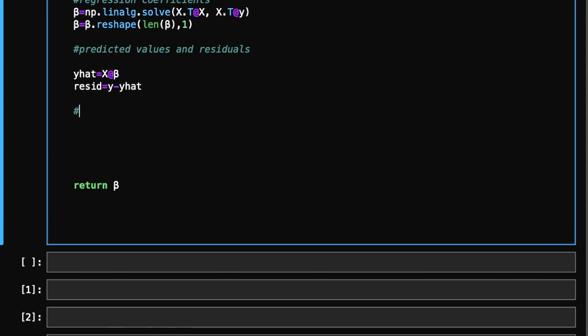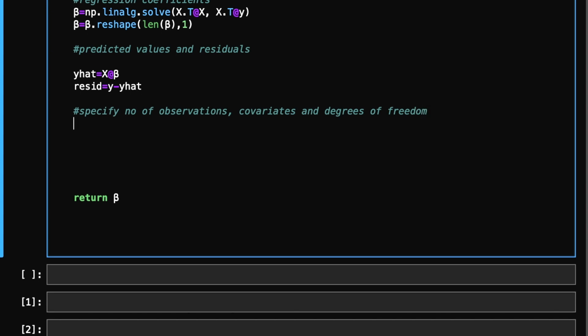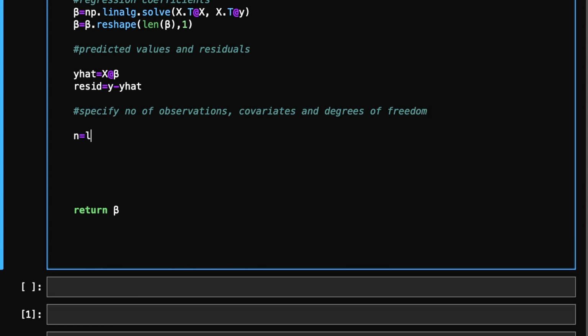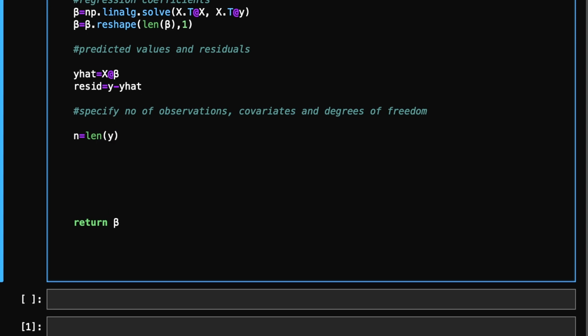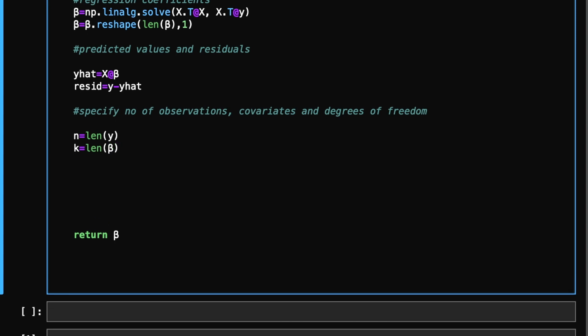Now let's specify the number of observations, covariates, and degrees of freedom. n is the number of observations, so it should be equal to the length of our dependent variable in this case. k is the number of covariates, so it should be equal to length of beta, and degrees of freedom is n minus k.